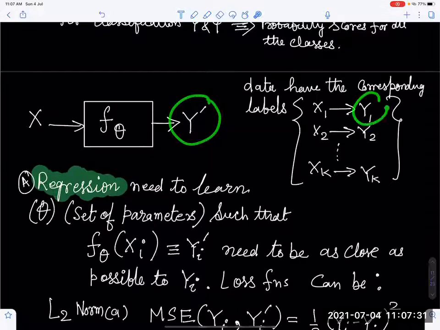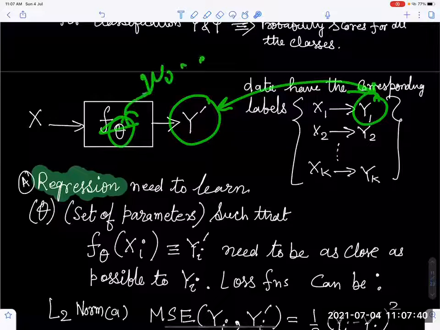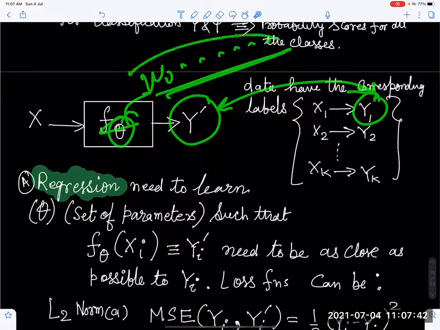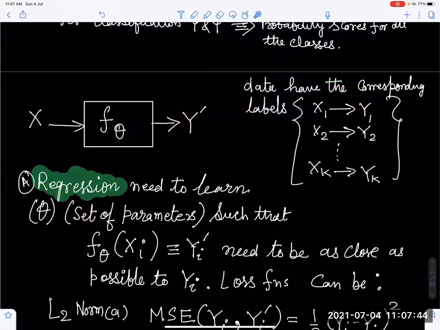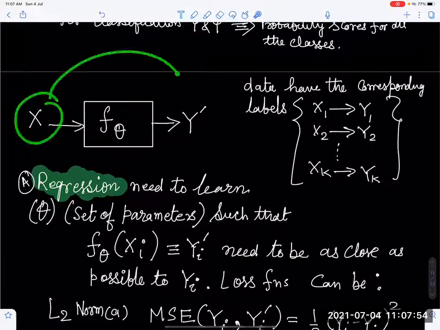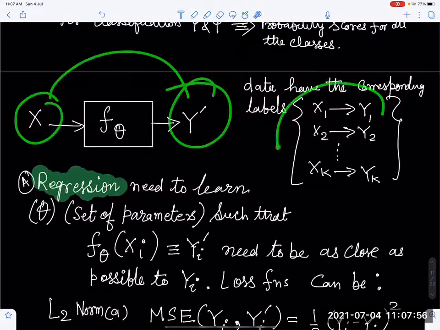You wanted to find out how far both of these are, add them and minimize that, and find that theta is nothing but w0, w1, w3 and so on. These are the weight vectors you are looking for, and you minimize so as to get the best possible weight vector, which will take any xi and convert it into yi given your data.